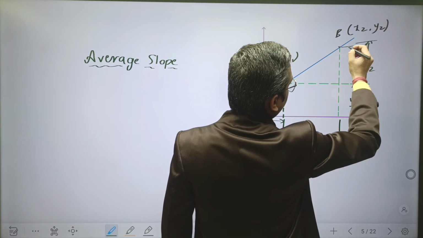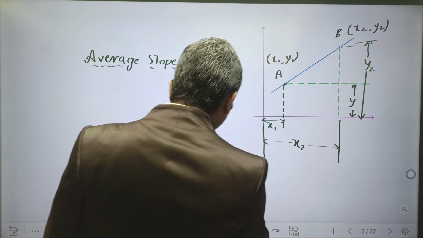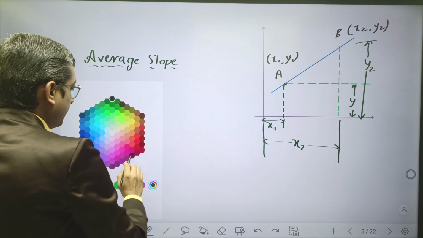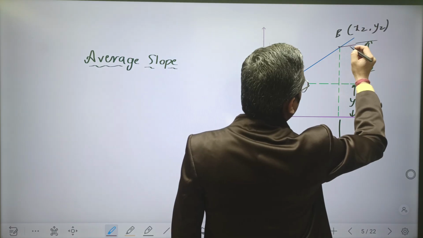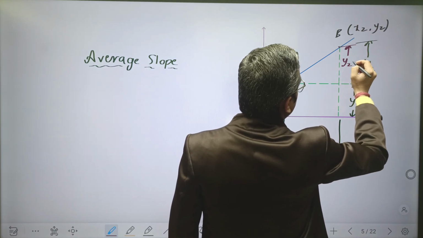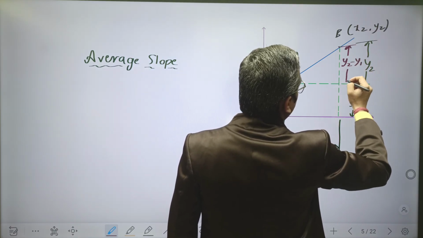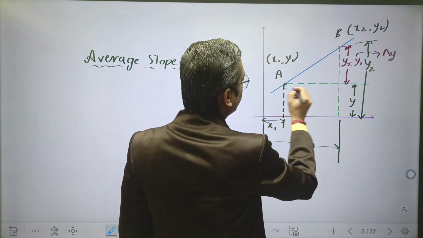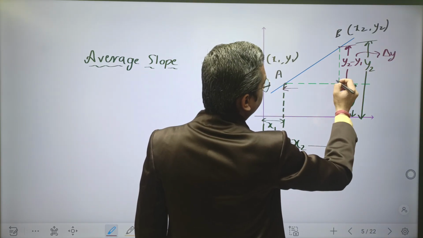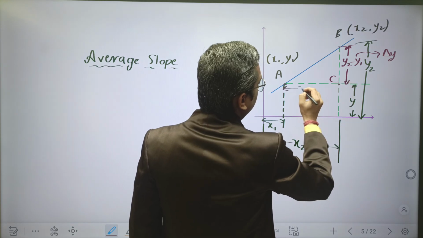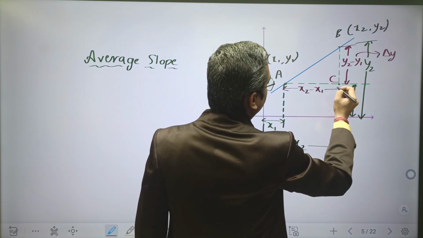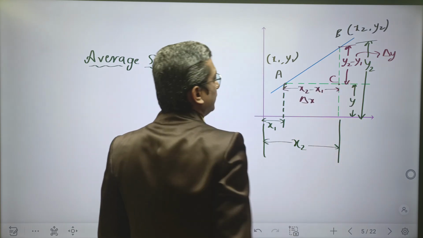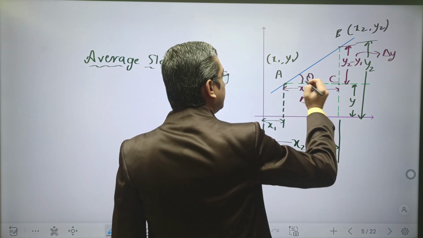So this distance is given by y2 minus y1. And what is y2 minus y1? This is delta y. Similarly, the distance AB, let us suppose this point is C, is given by x2 minus x1, that is delta x, and this angle is theta.